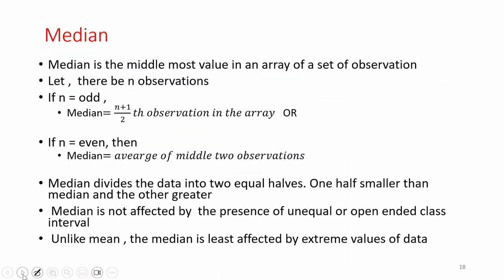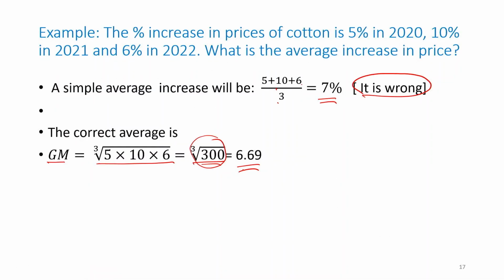Otherwise, we have to go for log to find out the geometric mean. And you see, this value is different from this value. So this is the simple average, and this is the geometric mean. They are not really the same, and finding a simple average is not the correct answer.